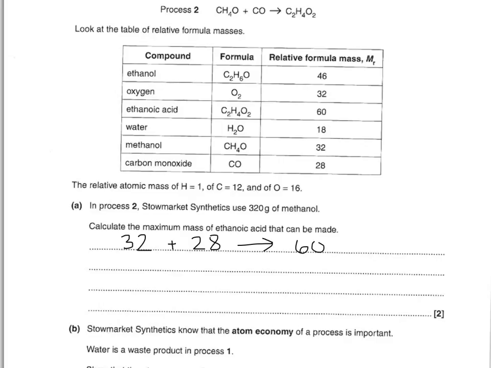Okay, so if I had 32 grams of methanol, I could make 60 grams of ethanoic acid. So if I'm using 320 grams of methanol, then I'm going to make 600 grams of ethanoic acid, and that is my answer there.